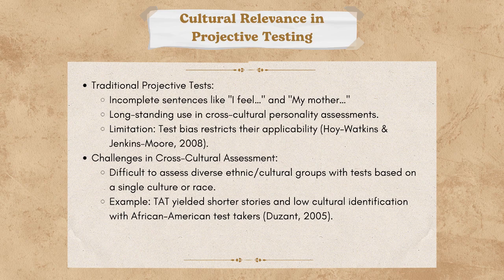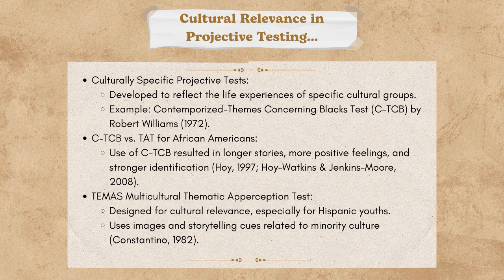Therefore, it was vital to develop other personality assessments that explored factors such as race, language, and level of socialization. To address this need, Robert Williams developed the first culturally specific projective test designed to reflect the everyday life experience of African Americans.